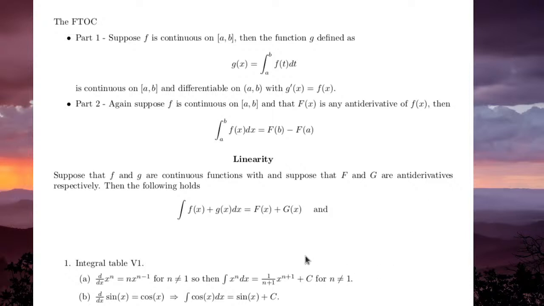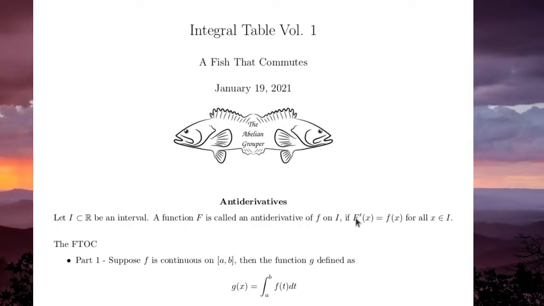The thing to remember again is that an antiderivative of some function f is a function such that when you take the derivative of big F, you get the original little f back. So big F is an antiderivative of little f. Here I'm saying on some interval; we can assume this is true, since you can always break it down as long as it's piecewise continuous. Again, this definition assumes the antiderivative exists, and we'll see some examples later where antiderivatives don't always exist.